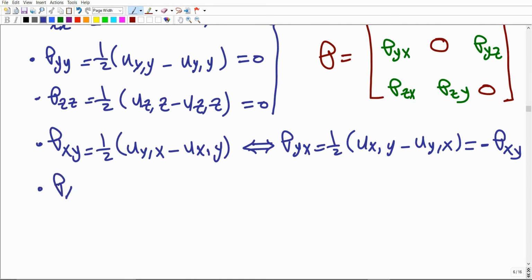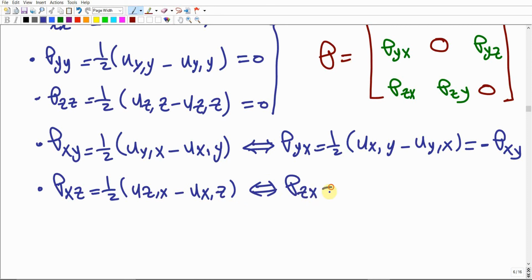The same thing applies to theta xz, which is 1/2 (uz,x − ux,z), and on the other side, theta zx is going to be 1/2 (ux,z − uz,x). Anyway, it's going to be the negative of theta xz.